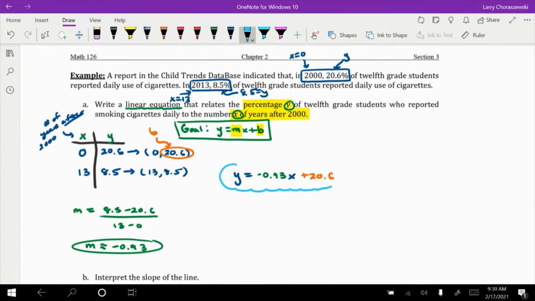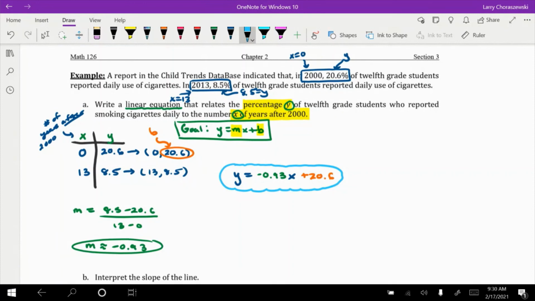All right, what do you folks think about y equals negative 0.93x plus 20.6? Fraction form would be fine, yep. It might help to use decimal form for part B though.